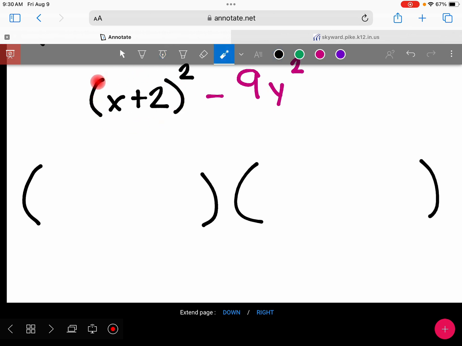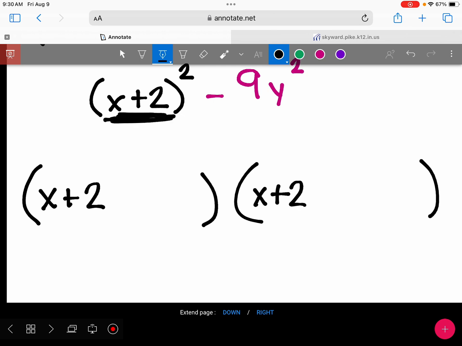So our first piece is the thing that's being squared first. We've got x plus 2. That's my first piece of the factor. x plus 2 on both. It's the chunk, so this does not change signs. What is the squared term of this?